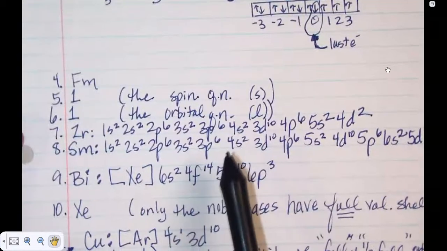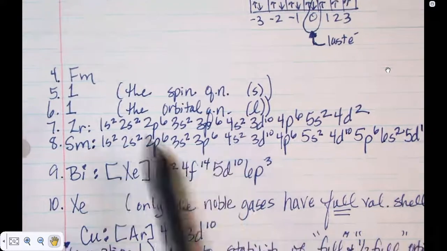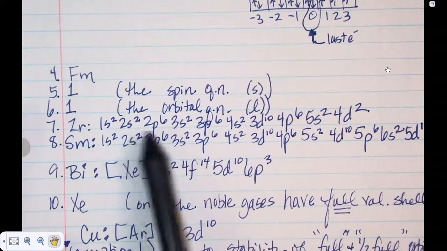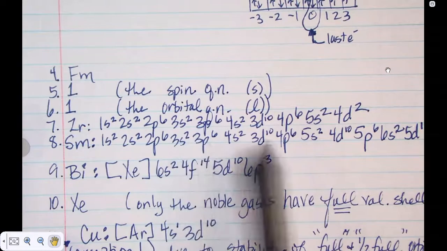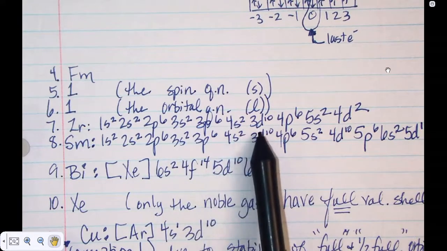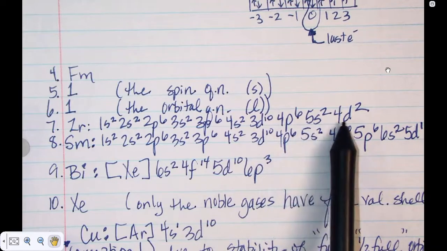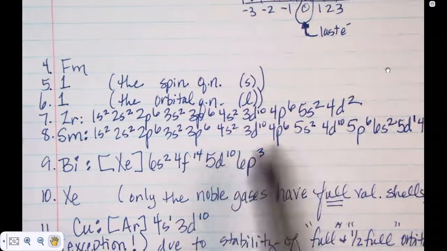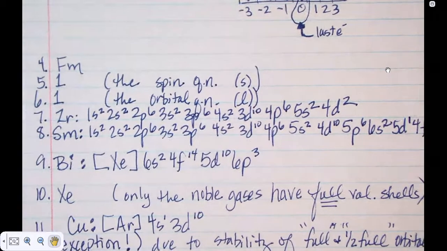Number 7, write the longhand electron configuration for zirconium, Zr. Longhand: 1s2, 2s2, 2p6, 3s2, 3p6, 4s2, 3d10, 4p6, 5s2, 4d2. Number 8, another longhand electron configuration, this time for bismuth.